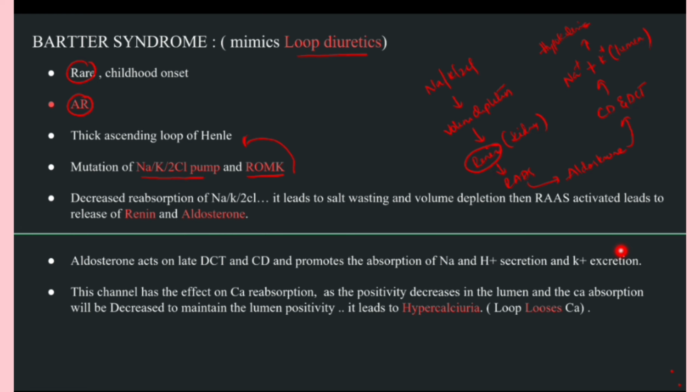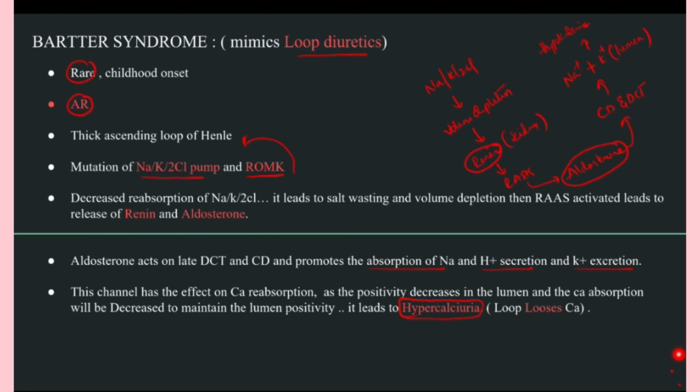So we can see here the renin release. There will be an increase in serum renin levels, and there is aldosterone release. So there are increased levels of aldosterone in the serum in Bartter syndrome. And there is one more thing called hypercalciuria. Before discussing hypercalciuria, we also see that aldosterone not only promotes the absorption of sodium, it also promotes H plus secretion and K plus excretion.